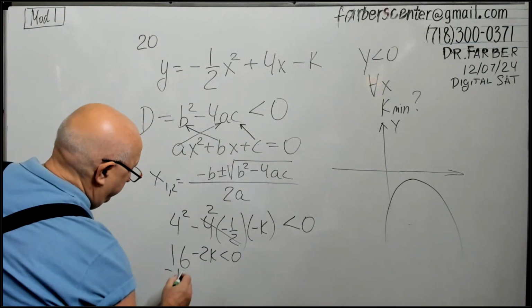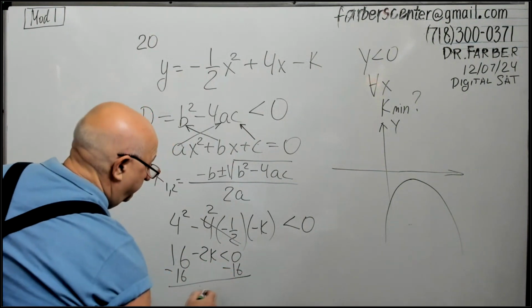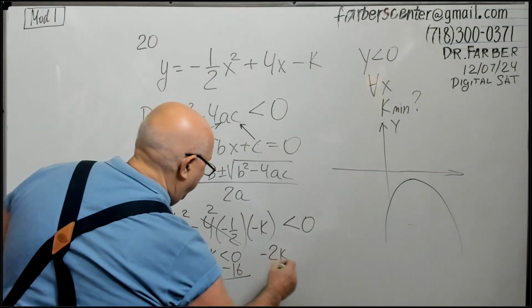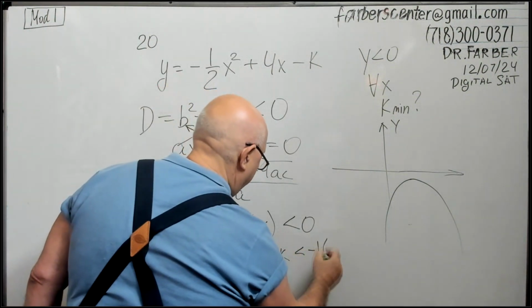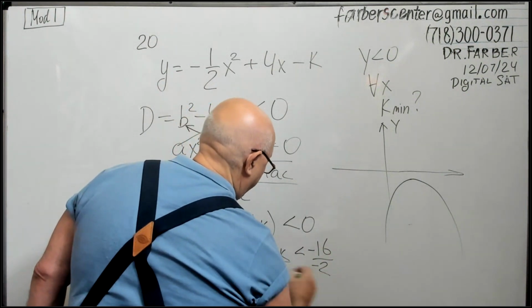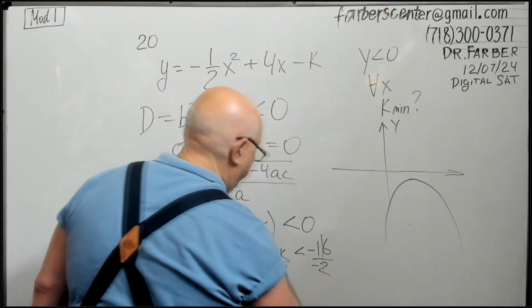So minus 16 and minus 16, I continue with that: negative 2k less than negative 16, divided by negative 2 on both parts. Don't forget to switch the sign of the inequality to the opposite, right?